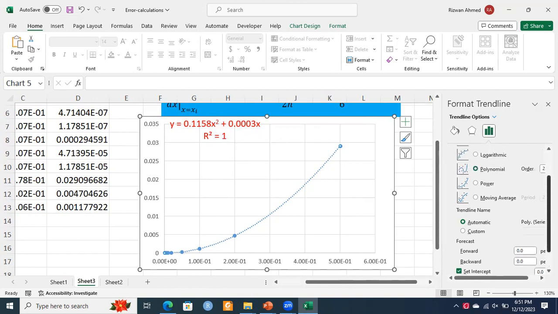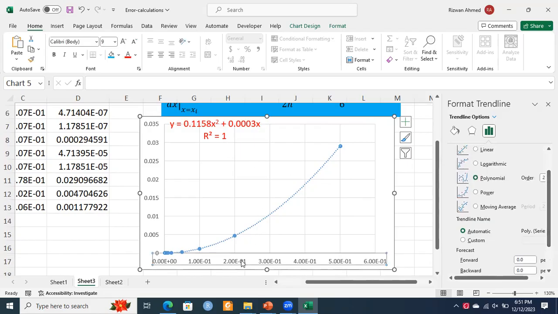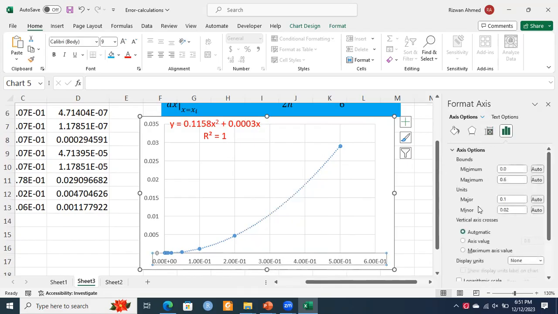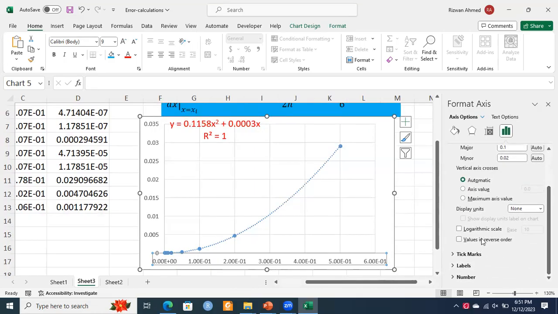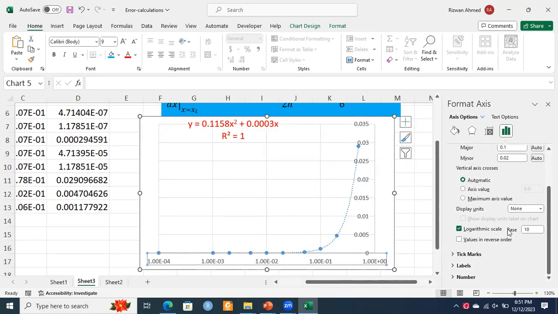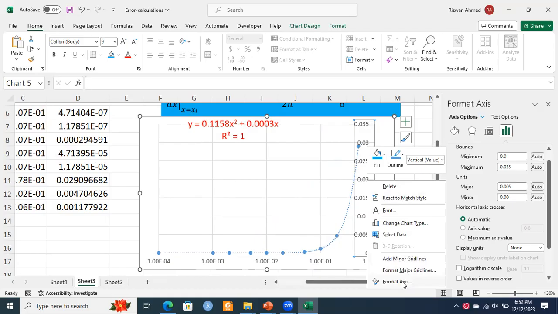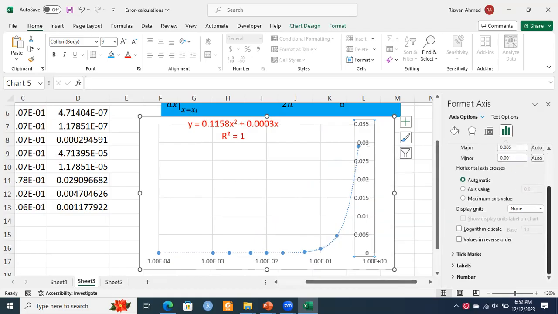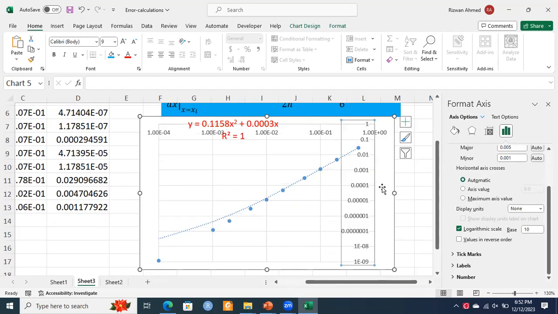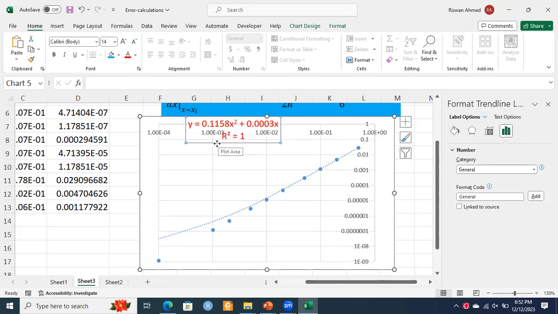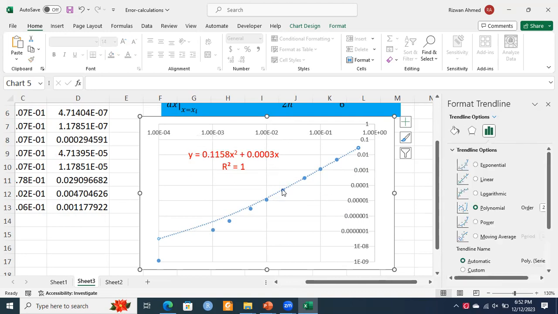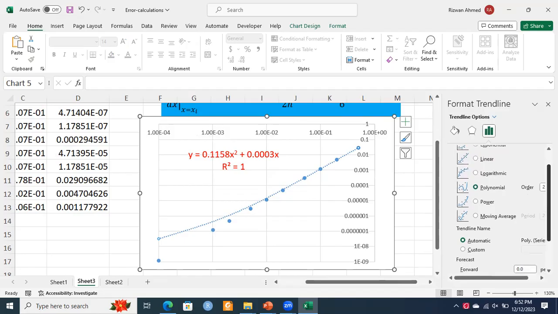This can also be seen if we change the axes to logarithmic. So I select the option from here, logarithmic scale. Similarly, I have to change the vertical axis to logarithmic, and then let me ask Microsoft Excel to give me a relationship in the form of a power relationship.